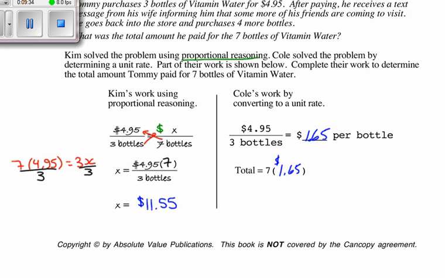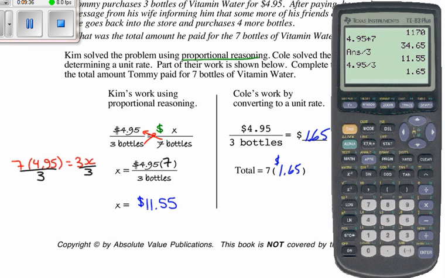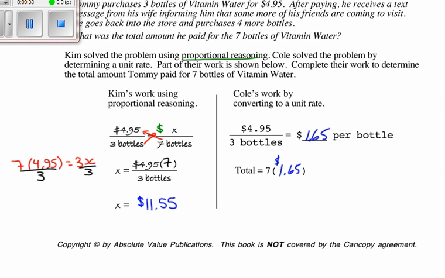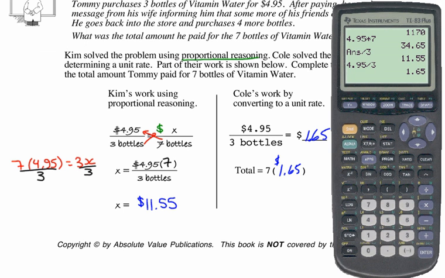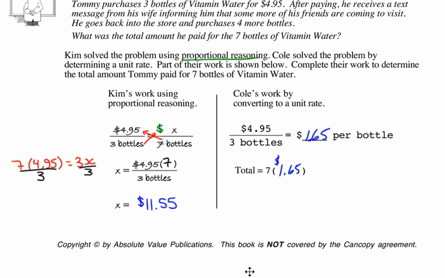Grab the calculator. Sorry again. 7 times $1.65 should give us the same answer, $11.55.